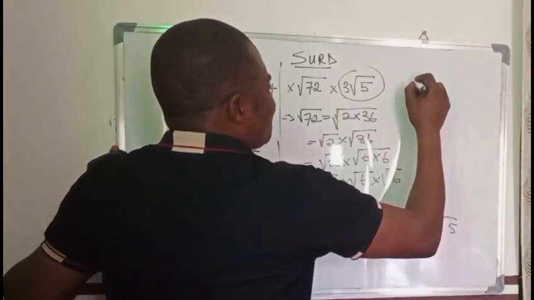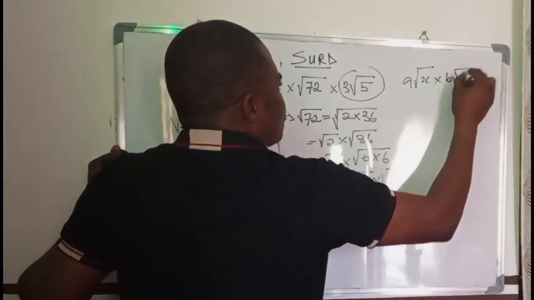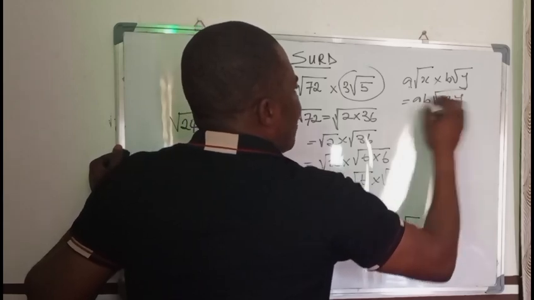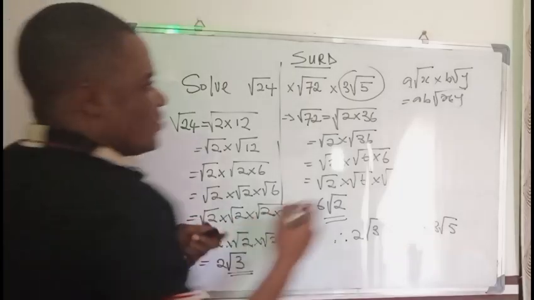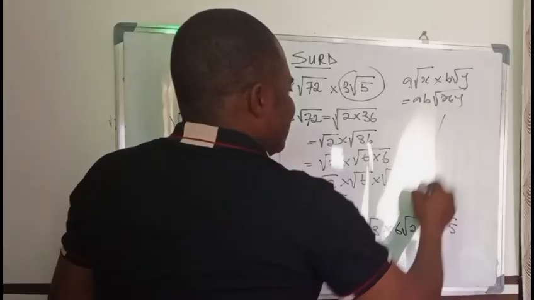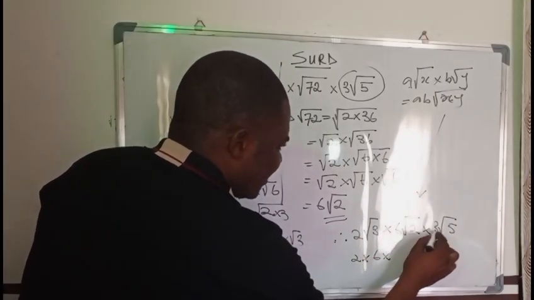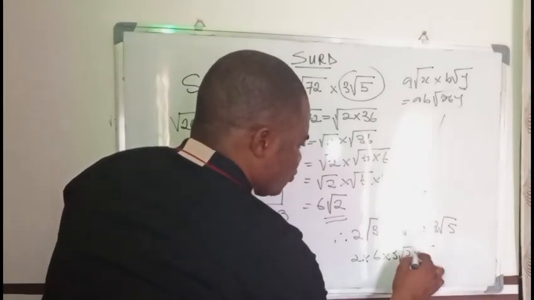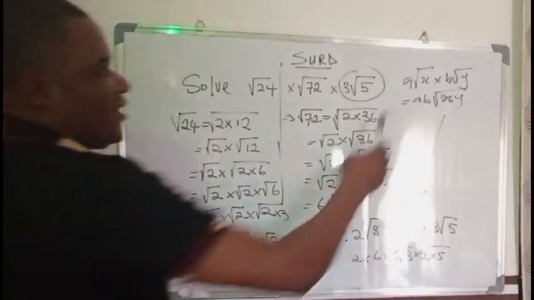From here, if we have a surd x times b surd y, it is equal to a times b to the surd of xy. That's what it means. And if that is true, then we can, as a matter of fact, link this to this. So it means that we have 2 times 6 times 3 to the surd of 3 times 2 times 5. That's what this means.